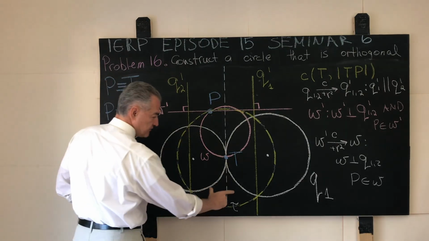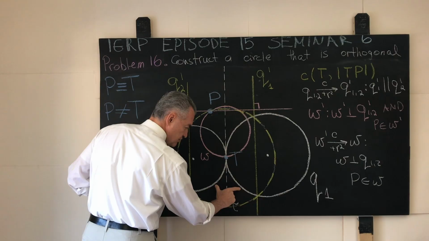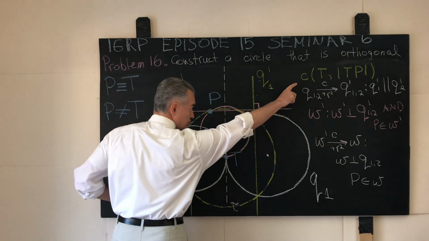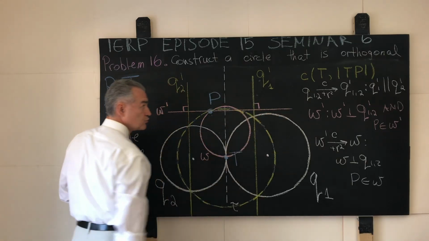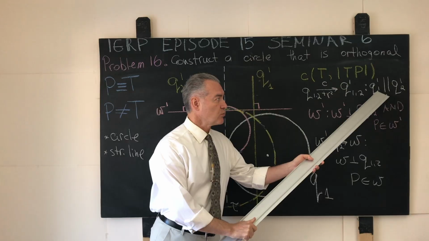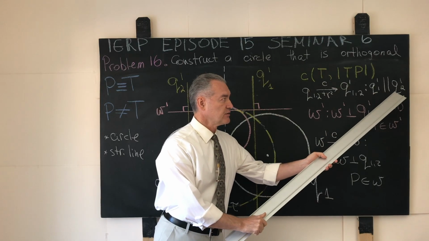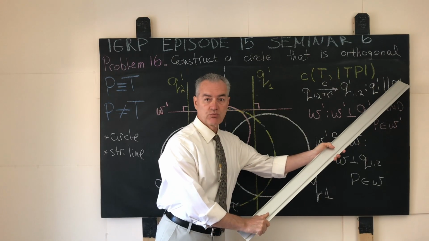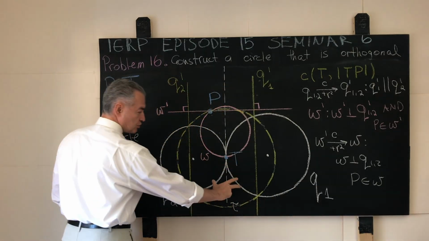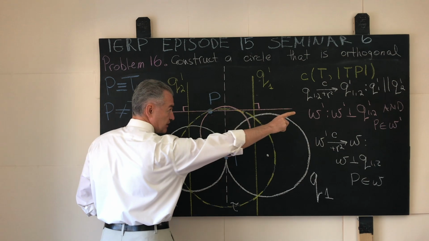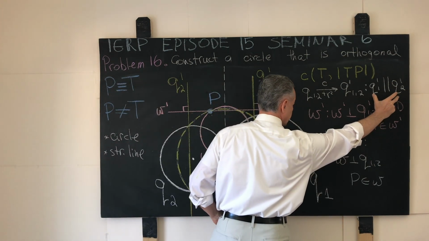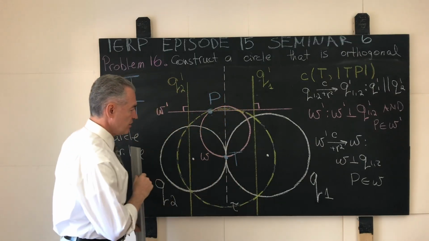That means that if the input objects or pre-images are parallel, then their images under the chosen inversion will also be parallel, and that is what is reflected over here. Straight line Q prime 1 is parallel to straight line Q prime 2. The circles are distinct, the images are distinct, so it is important we have two distinct straight lines that are parallel to each other.